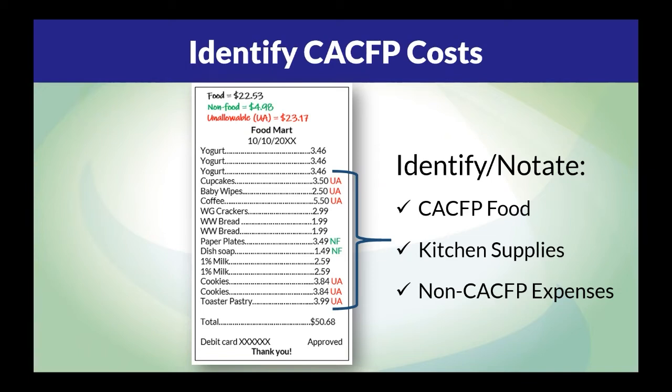If most of the items on a receipt are food costs, you do not need to identify those items with an F, but you do need to identify the other items, such as kitchen supplies with an NF or non-food, and/or the unallowable costs with UA. See the receipt on the slide as an example.